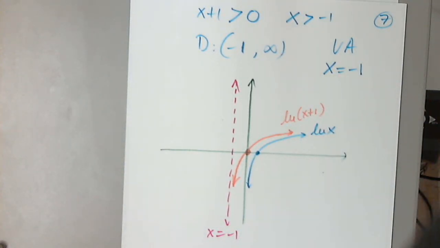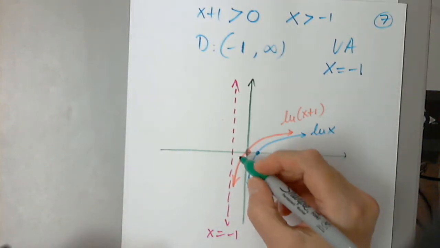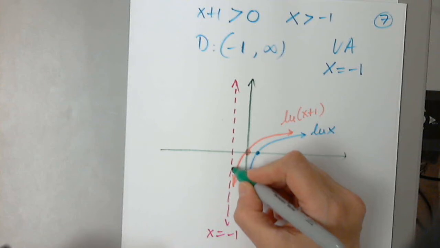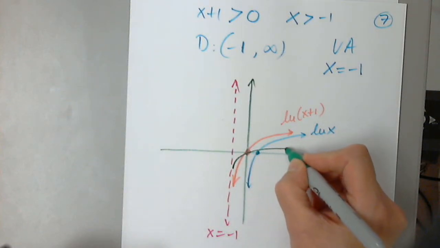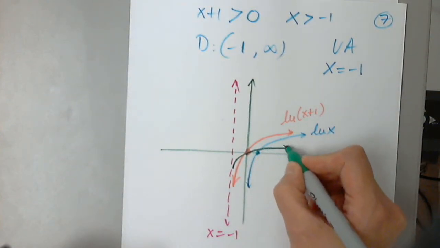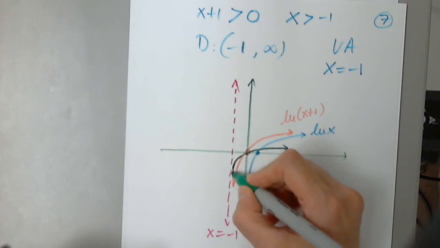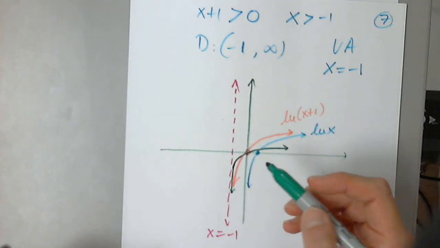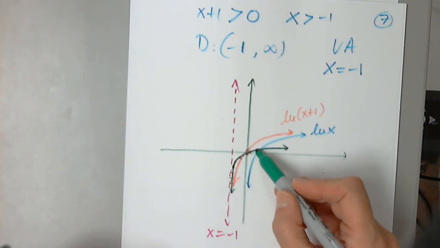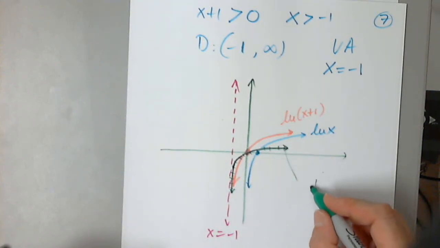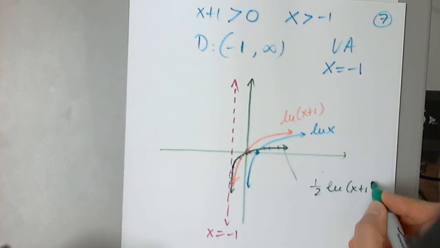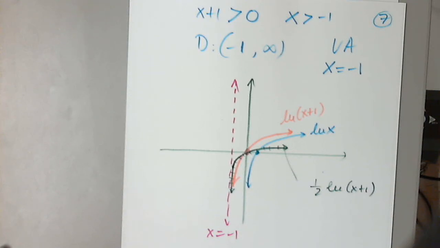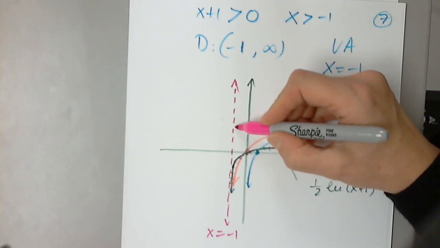Then you told me to shrink vertically by half, by a factor of 1/2. So here it is. Maybe it's exaggerated a little bit. So this is 1/2 natural log x plus 1. Then you told me to reflect this. Okay, I'm reflecting it.